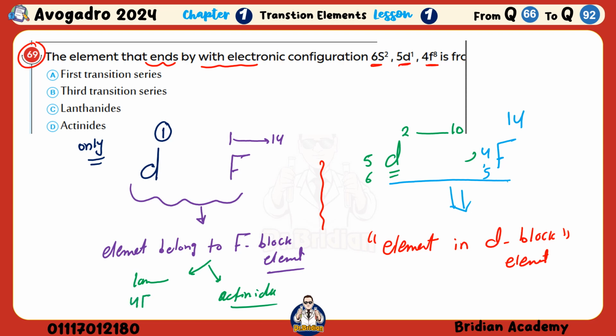If you have 4f, it will be located in lanthanides, and if you have 5f, it will be located in actinides.